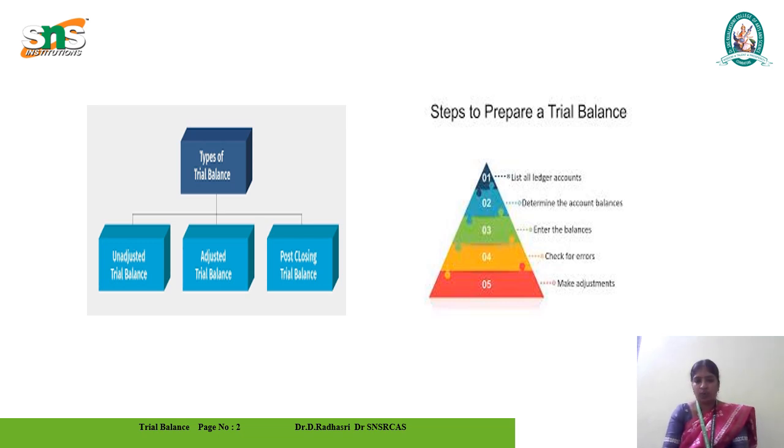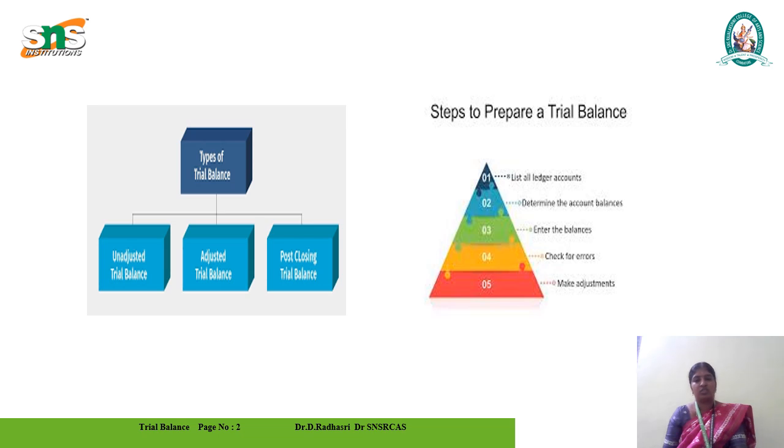In that way, the unadjusted trial balance, adjusted trial balance and post-closing trial balance take place from the ledger list of the year, defining the accounting balances, checking the entries, correcting the errors and making the adjustment in the trial balance.